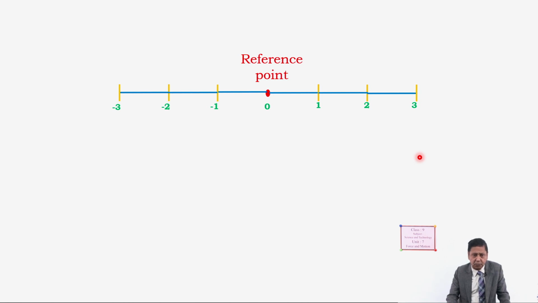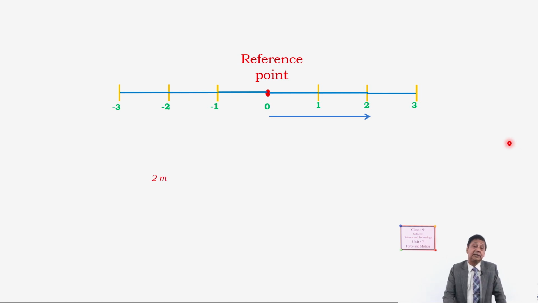Now let's start. If a body starts to move from this 0 and it reaches mark 2, then we can say that it covered 2 meter distance. The length of the path covered by the body is 2 meter. That's why distance is 2 meter.